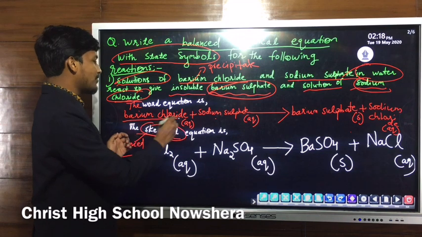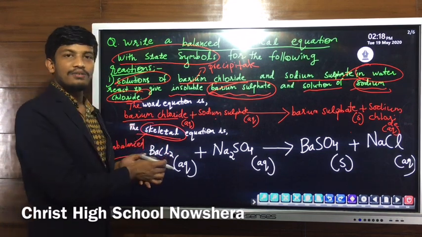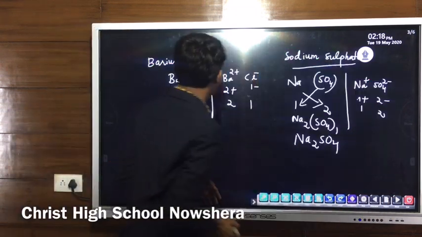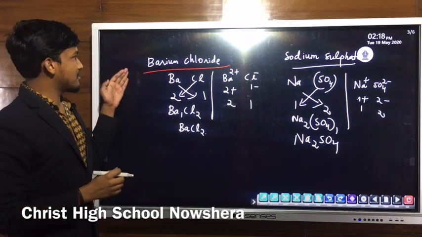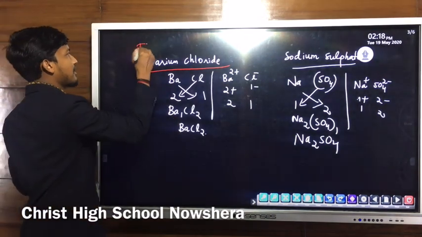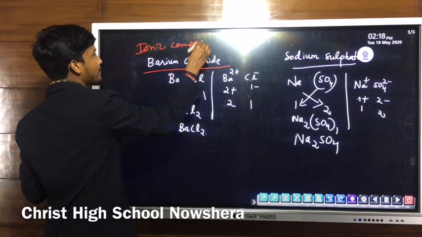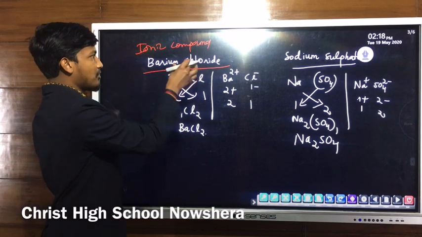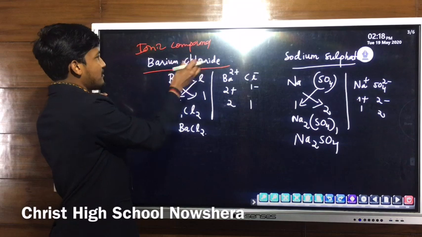First one, we have barium chloride, and we have to get its formula. As the name suggests, barium chloride is an ionic compound, because in the previous year we have seen that in ionic compound names there are two parts: first cation, second anion.